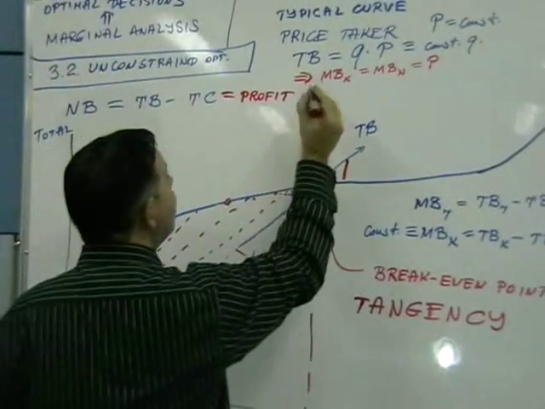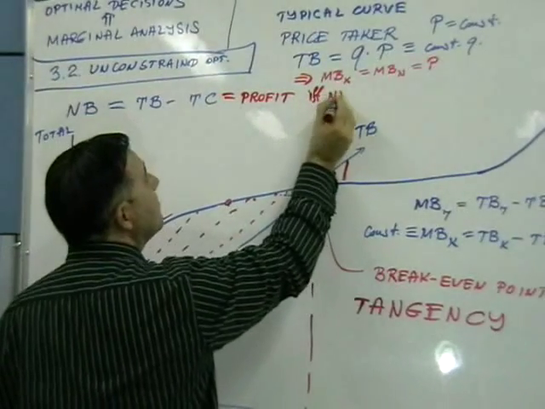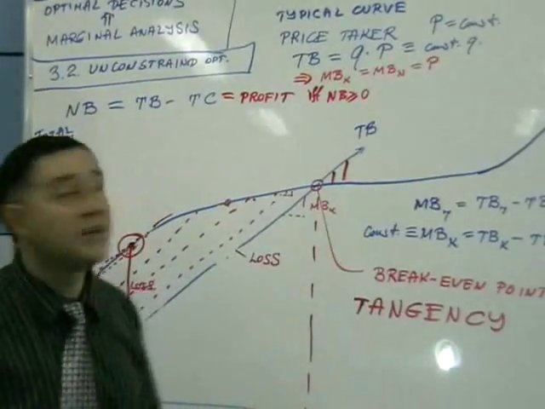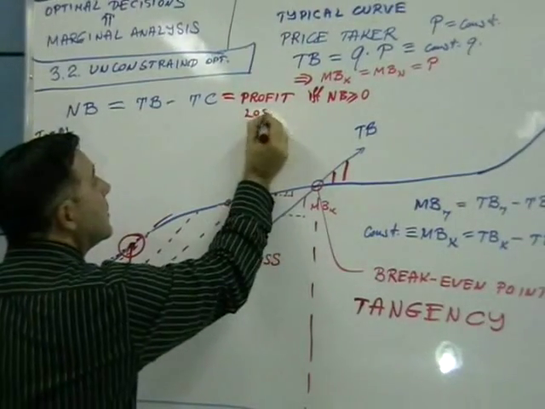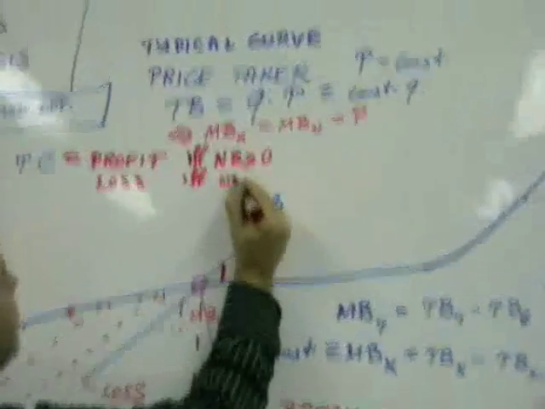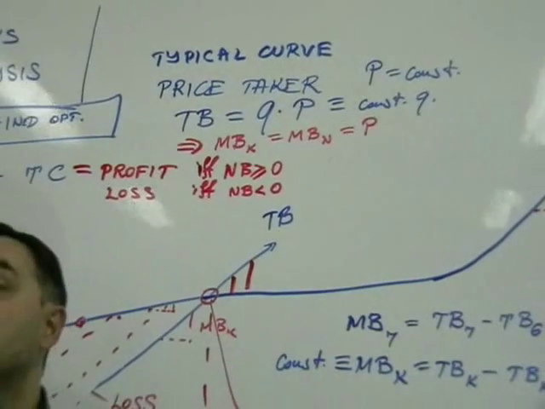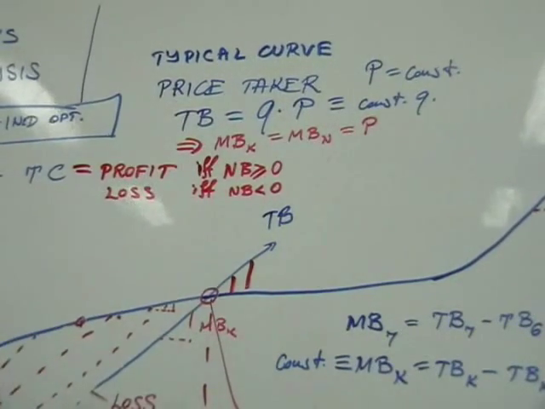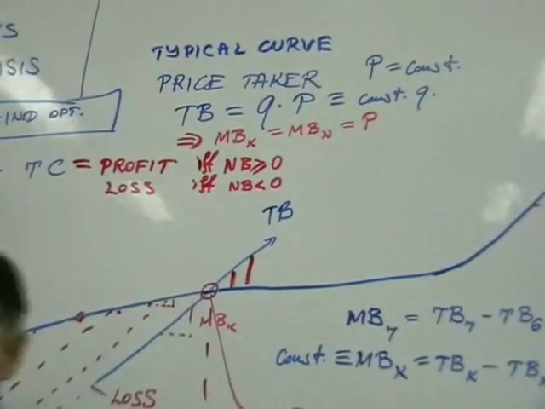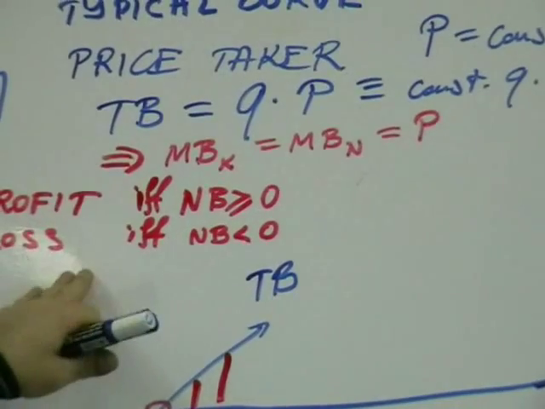I say profit if net benefit is non-negative, and loss if net benefit is strictly negative. In this particular case, we can say zero profit. All right? That's a possibility. That's how we say it. All right? No profit. Is it fairly straightforward?